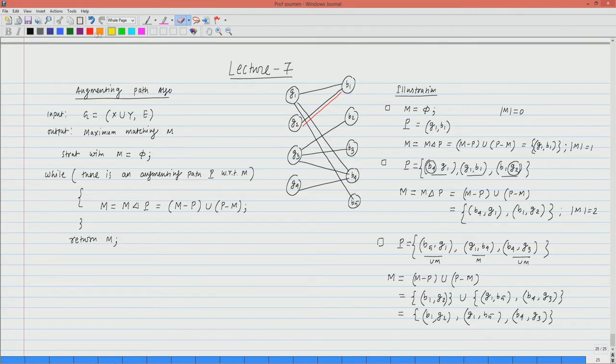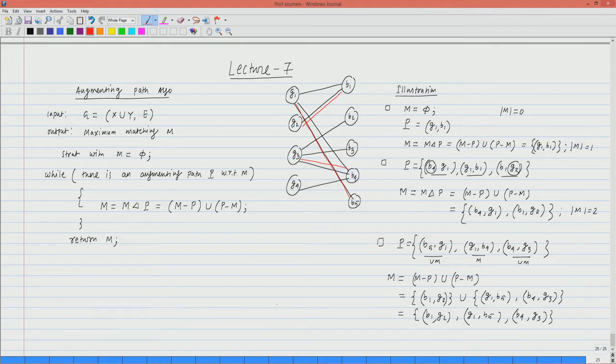Now, the new matched edges are G1 B5, which is the new matched edge, and G3 B4 is another matched edge, right.